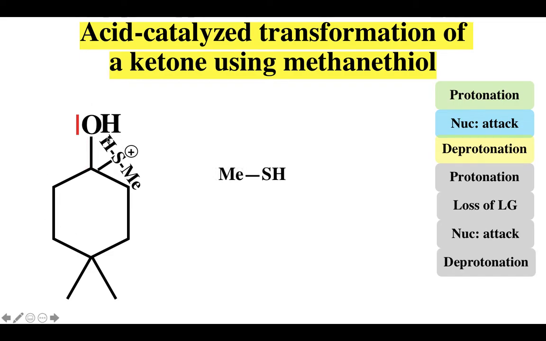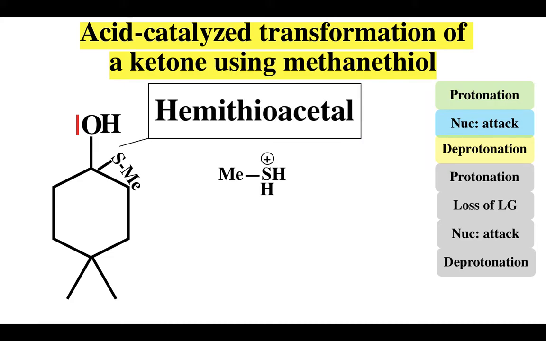So we're going to get this activated methane thiol group now attached to our substrate. And in order to remove that positive formal charge on the methane thiol, we need to have it donate a proton. All right, so now it donates a proton to another methane thiol in solution. So now this methane thiol in solution is activated. And that activated methane thiol was used to form this hemithioacetal.